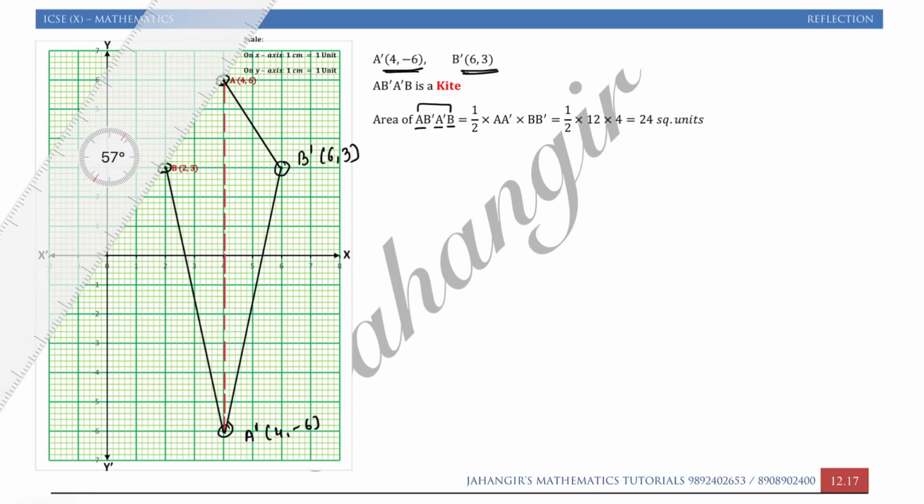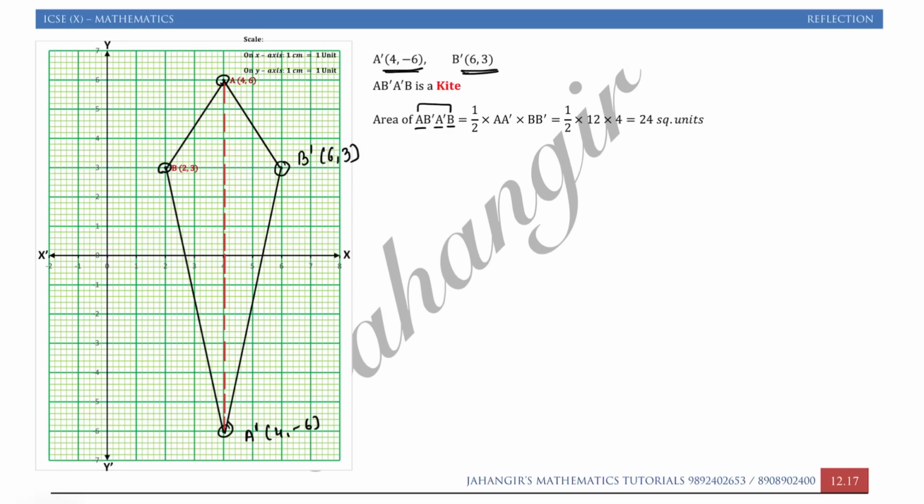These are always a polygon. So the geometrical name of this diagram is kite.